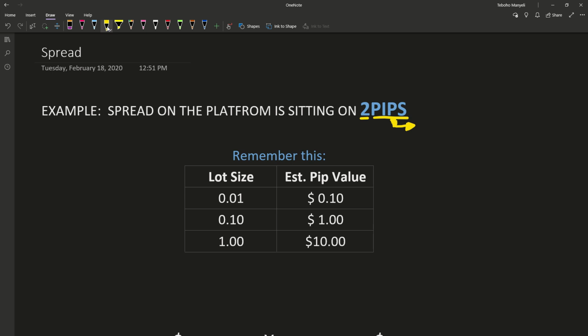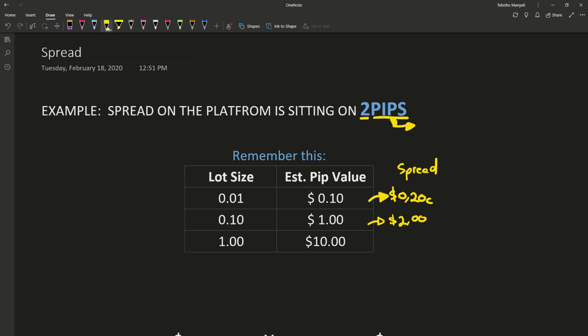All right, so if you're paying 10 cents for each pip and you are literally paying for 2 pips, this would mean that to execute that trade, you'll pay here 20 cents in spread. Okay, if you use the 0.10, which is then pip valued at $1 per pip, you're then gonna pay for the same trade, but because of the lot size, $2 in spread.